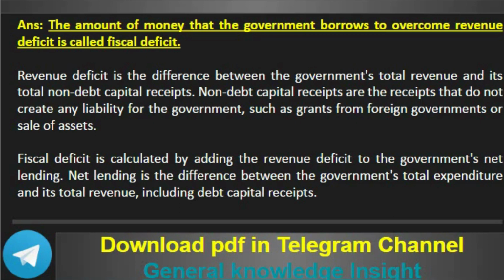Non-debt capital receipts are the receipts that do not create any liability for the government, such as grants from foreign governments or sale of assets. Fiscal deficit is calculated by adding the revenue deficit to the government's net lending. Net lending is the difference between the government's total expenditure and its total revenue, including debt capital receipts.